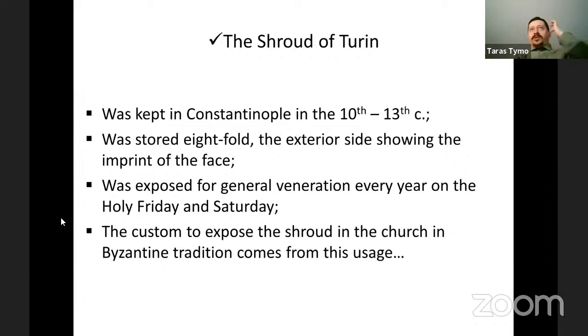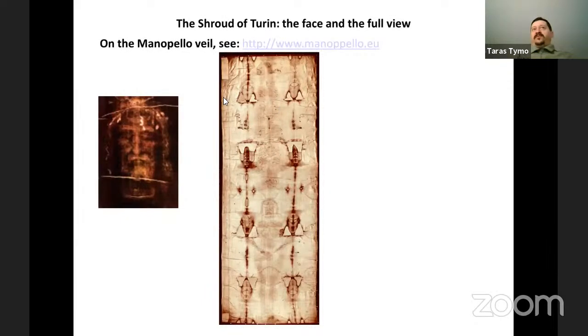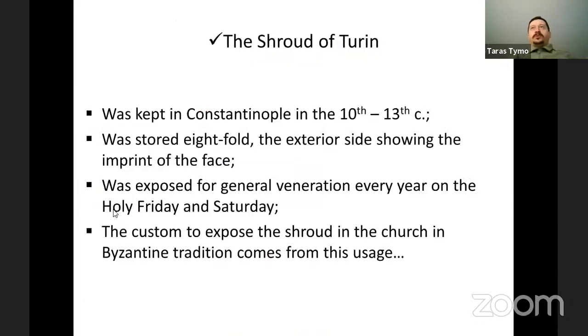So what we know about the Shroud of Turin is that it was kept in Constantinople from the 10th to the early 13th century. It was stored eightfold, as we can see from the folds here, 1, 2, 3, 4. I don't know exactly how it's counted, but anyway, we have to trust scholars who spent years studying it.